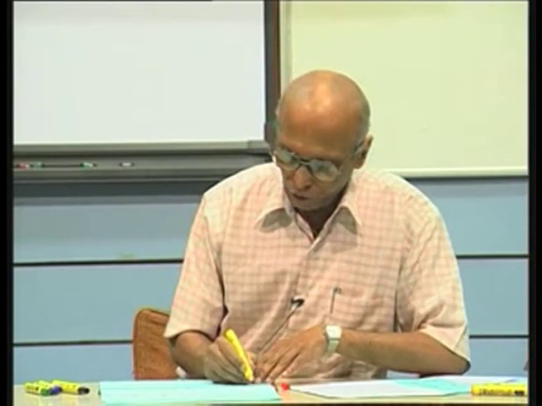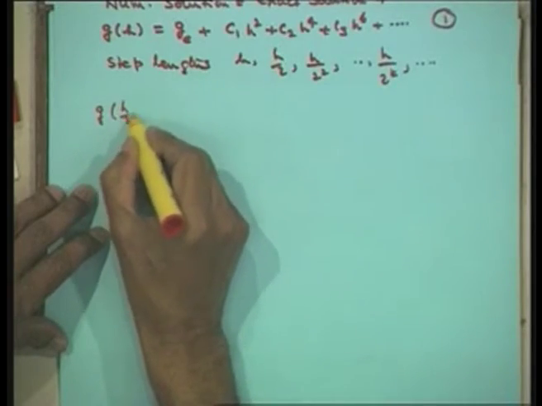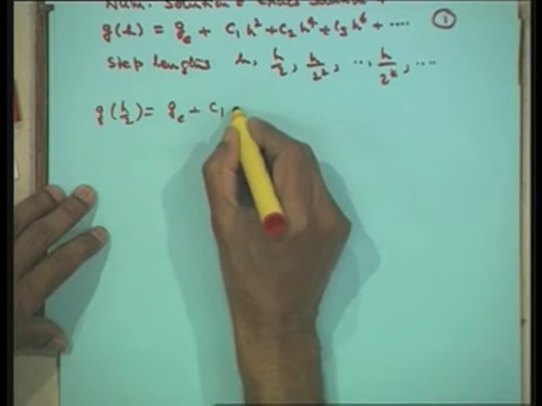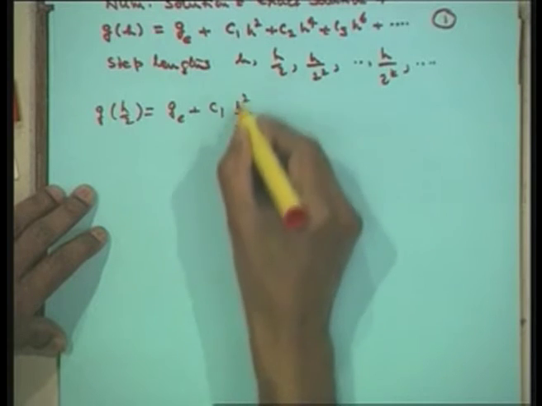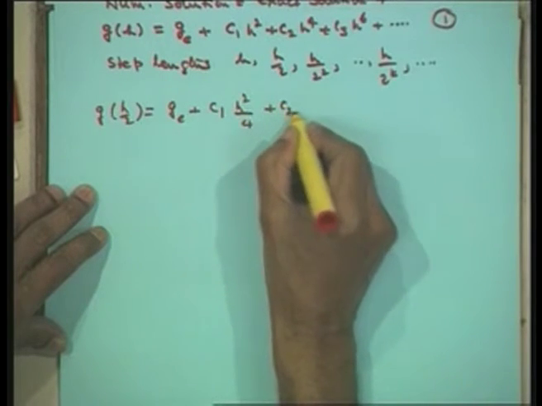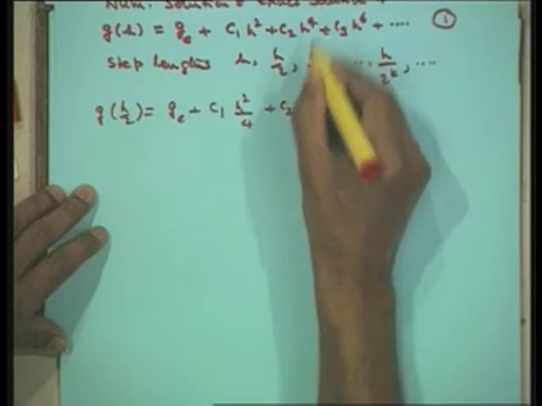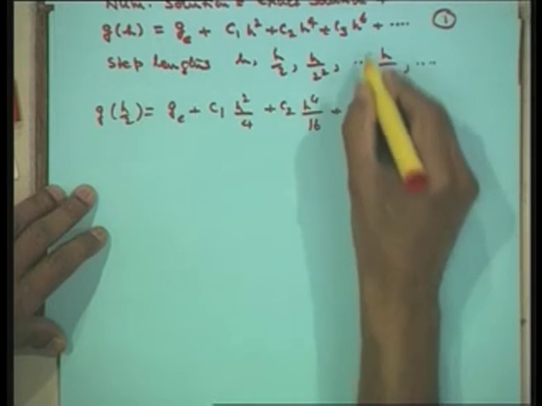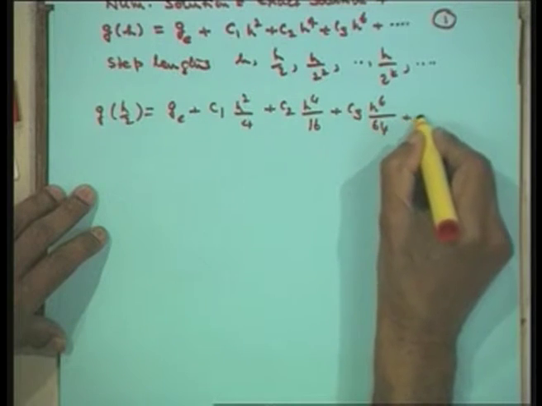Then we get here g of h by 2 is equal to g of e plus c1 h square by 2 square, that is 4, plus c2 h to the power of 4 by 2 to the power of 4, that is 16, plus c3 h to the power of 6 by 64 and so on.